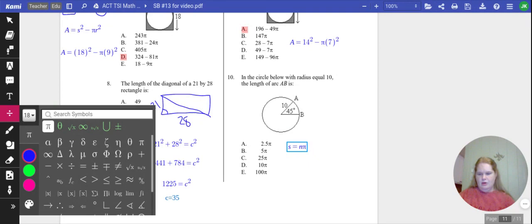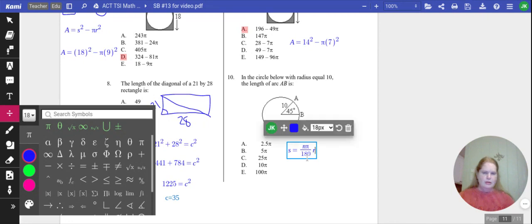Over, now there's 360 degrees in our circle. Actually, I'm going to put it over 180. And call that r. My formula is S equals r theta. All of this here is the theta I was using before, but I'm going to explain it to you.